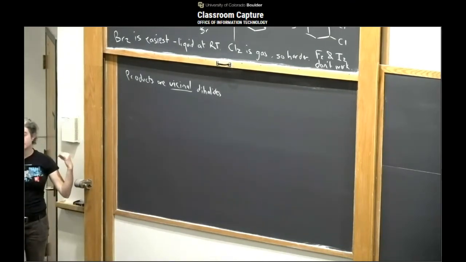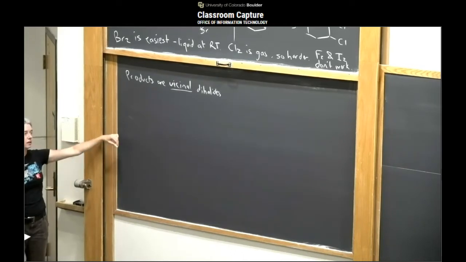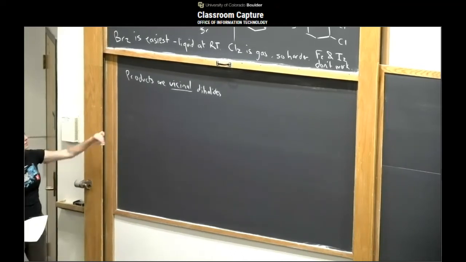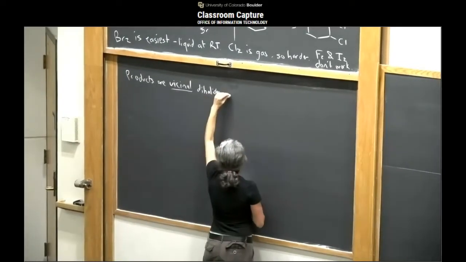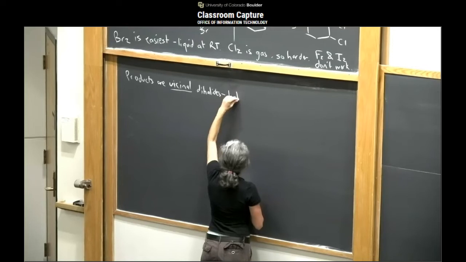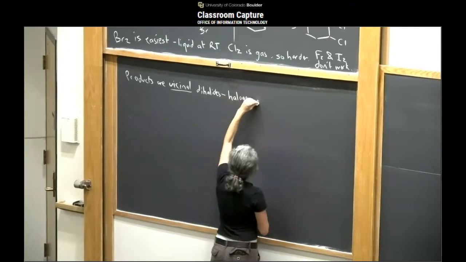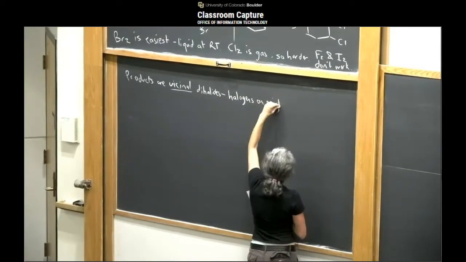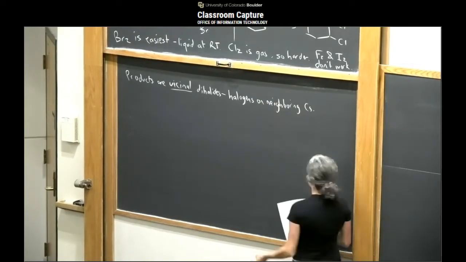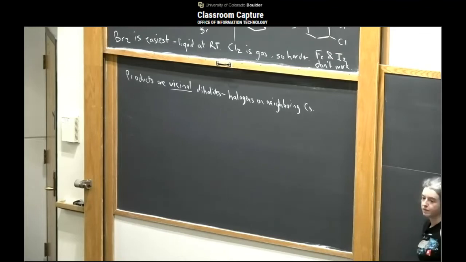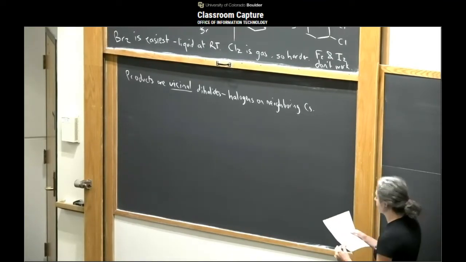If you know the word vicinity, it's the same root word as vicinal. And it makes sense that they're on neighboring carbons because those carbons had to start out being pi bonded to each other as part of the alkene.